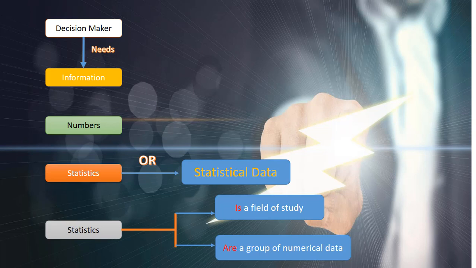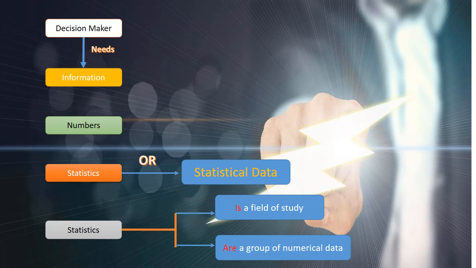Here we say statistics or statistical data, it doesn't matter. So decision makers need information in the form of numbers, which are derived from statistical tools or statistical techniques.